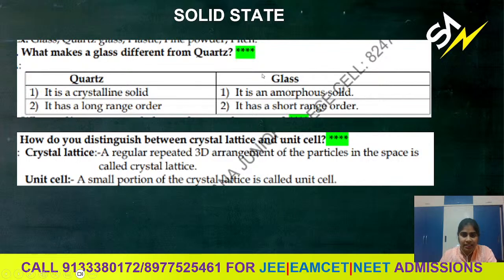See, write them in the form of a box, like 2 columns, one for quartz and one for glass. What is quartz? It is a crystalline solid, and glass is an amorphous solid. And quartz has long range order, and glass has short range order. So these are the 2 differences.